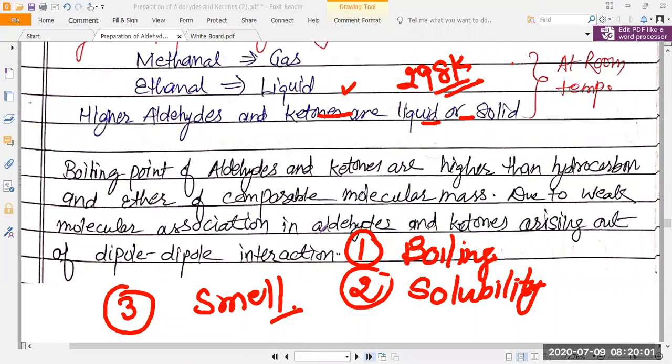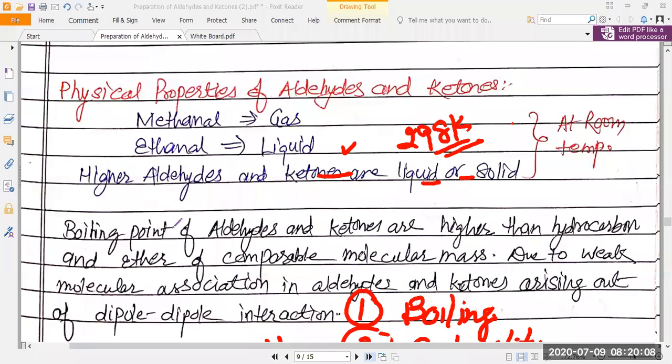So first, we are going to discuss the physical property of aldehyde and ketone, meaning boiling point. The boiling point of aldehydes and ketones is higher than hydrocarbons.